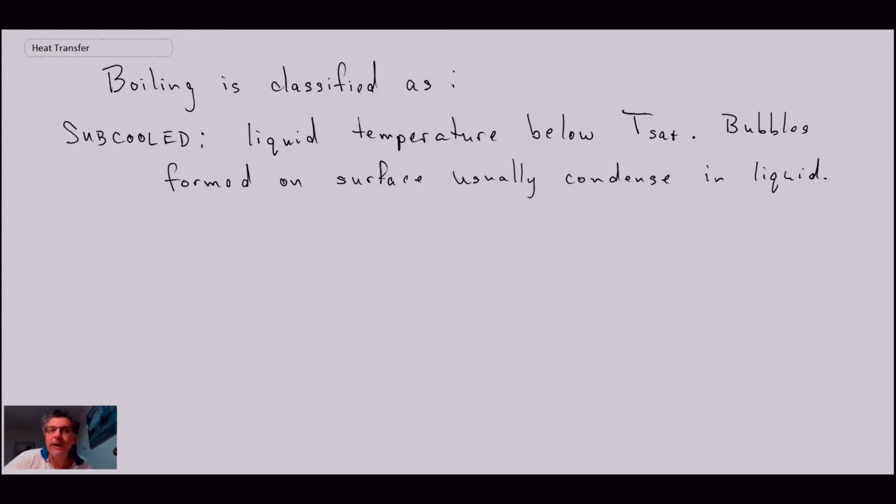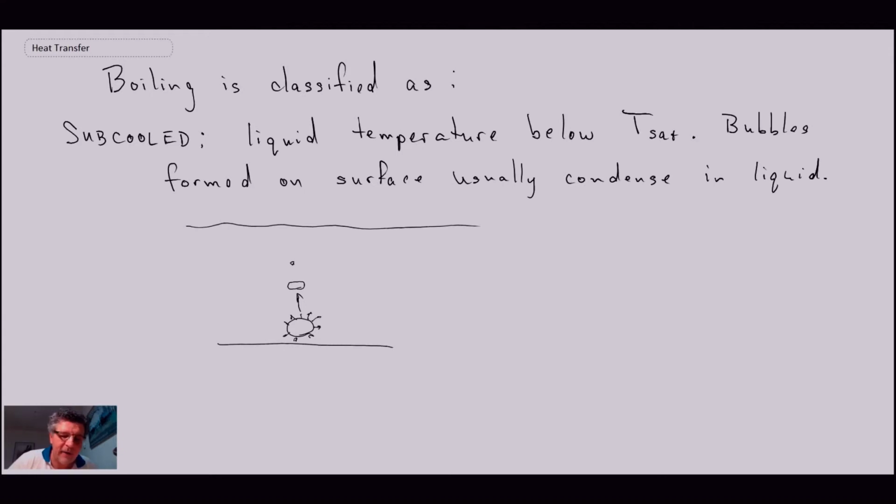Subcooled boiling we saw in the previous segment, where bubbles were starting to form, and as they were ascending, the fluid was cooler than the bubble temperature. We have vapor inside of the bubble, and due to heat transfer across the bubble wall, that vapor would be losing thermal energy. It's a very delicate balance, but essentially the bubble would get smaller, and you could see in the video clip it would just disappear.